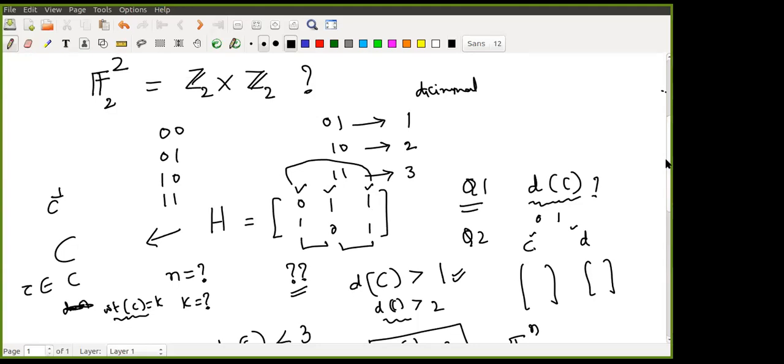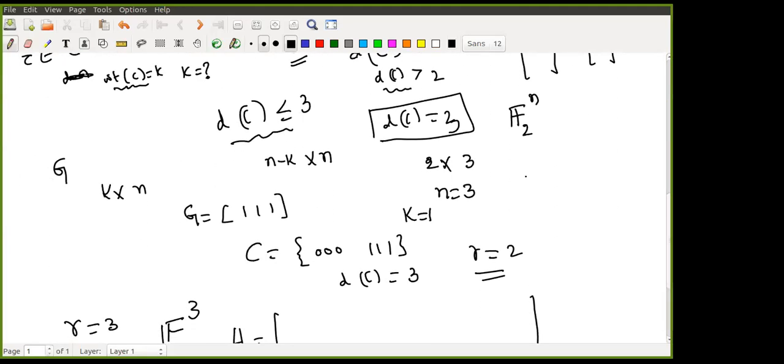Remember what n is in the Wikipedia article? It is given as 2 power r minus 1. What is this minus 1?